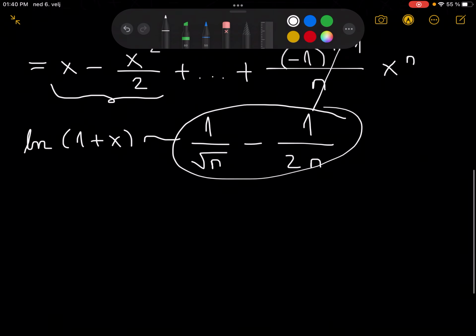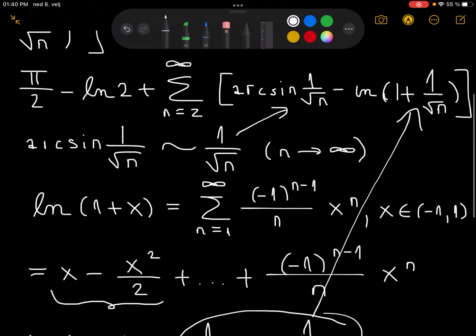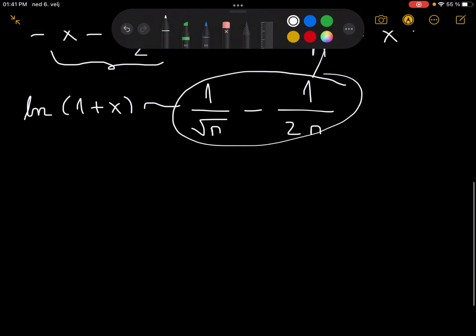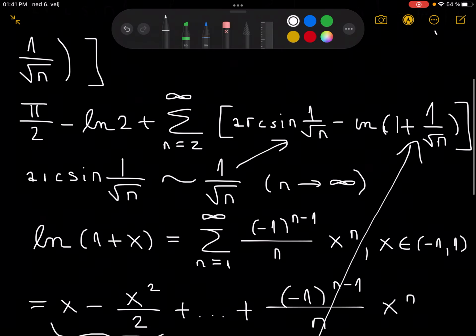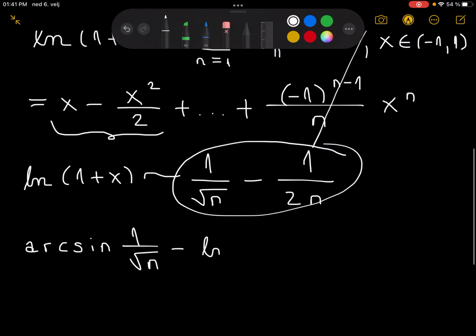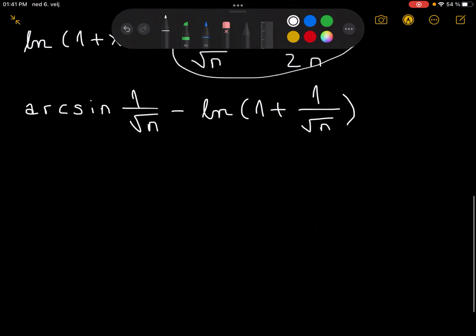Okay, now I'm going to be plugging in this value right here. So we can rewrite arc sine of 1 over the square root of n minus ln of 1 plus 1 over the square root of n.